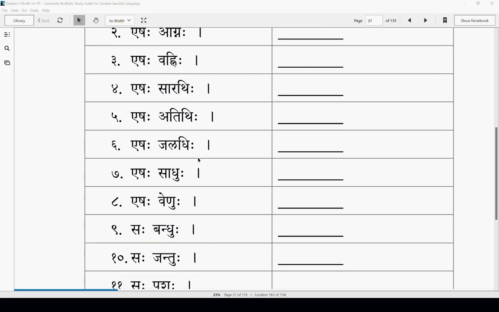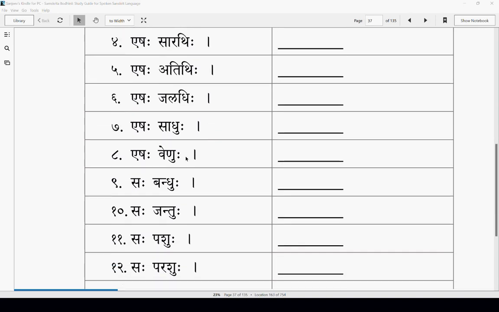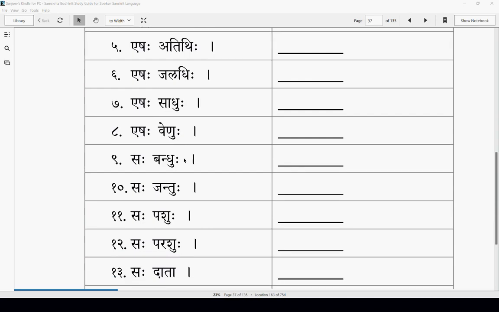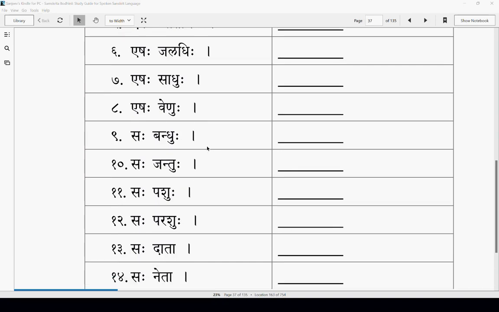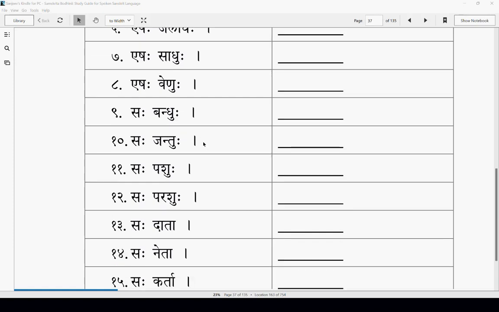Jaladhi has jalam in it; it is a pond or any reservoir of water. Sadhu is a saint. Venu is a musical instrument, a flute. Bandhu is a relation, it also means brother.